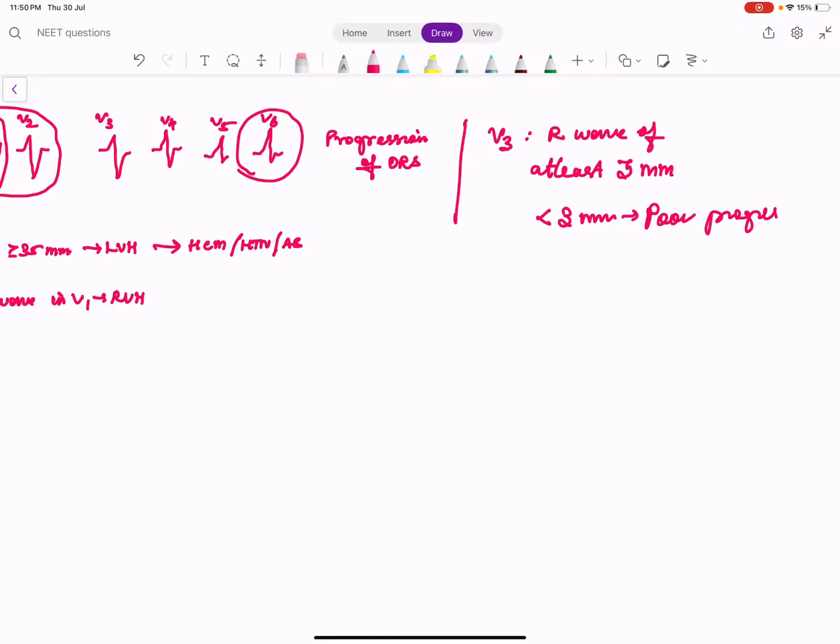When the equiphasic R and S wave is not there, it is called poor progression. Poor progression of R wave indicates left ventricular failure.